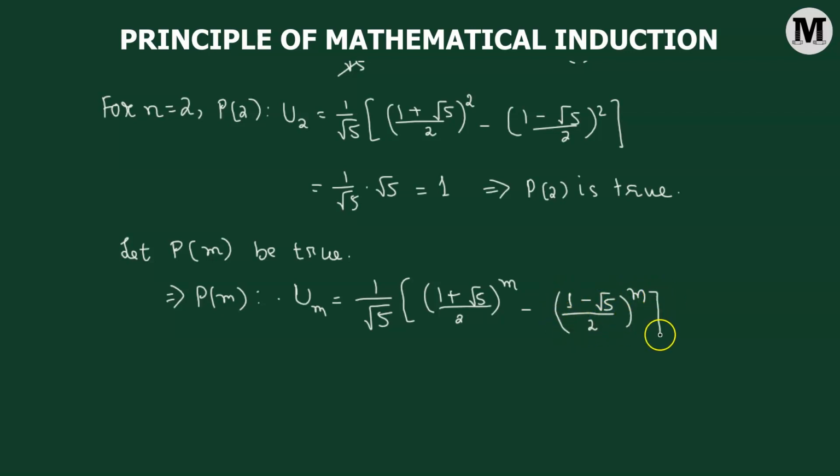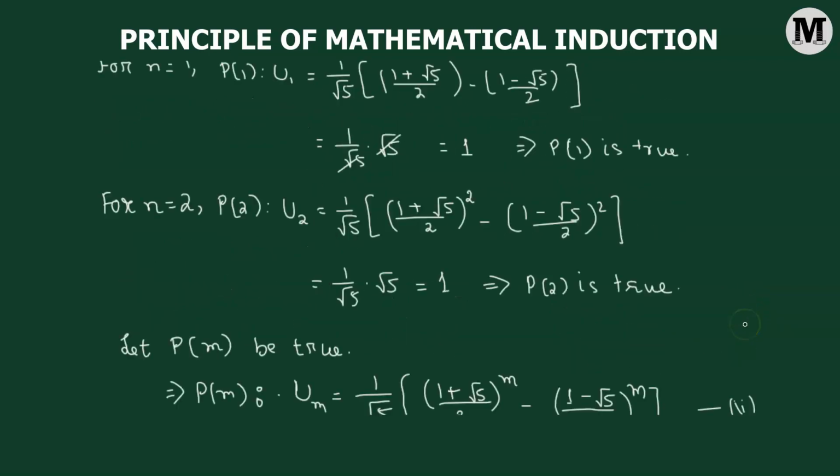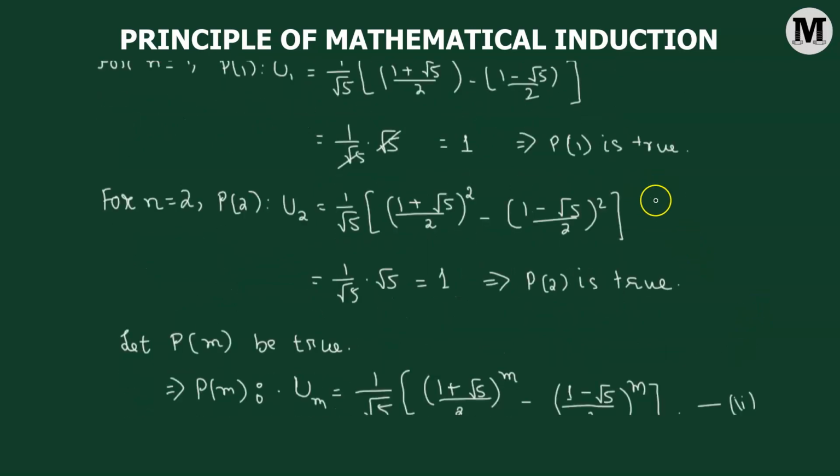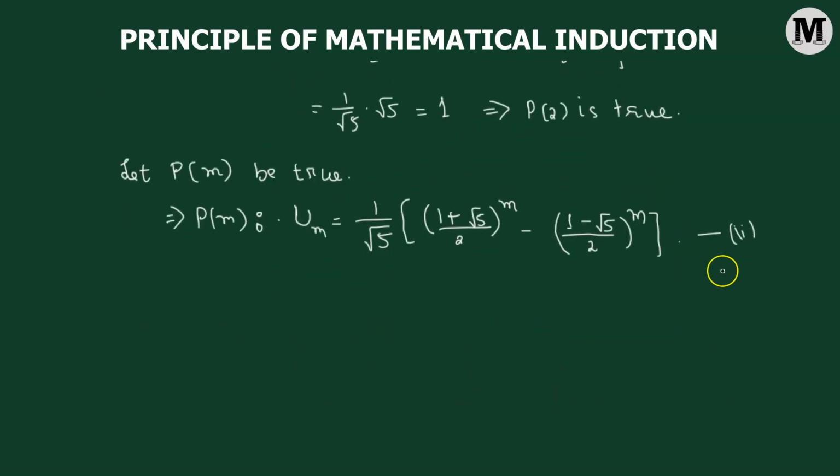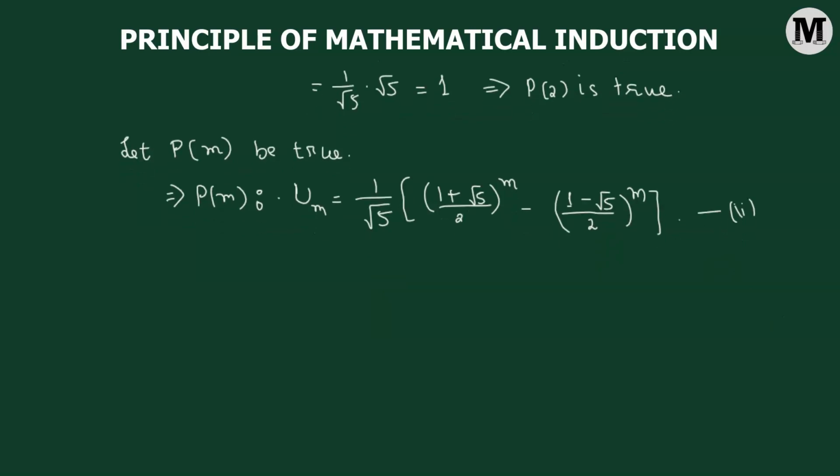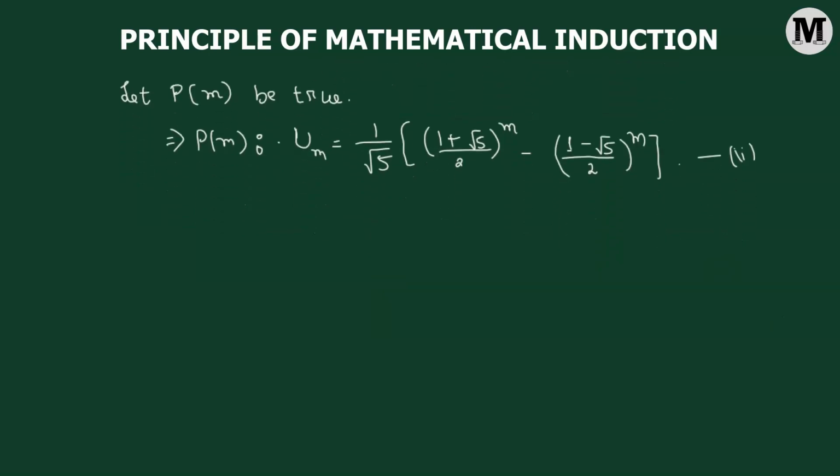This is going to be our statement P of m, and we are assuming this is a true statement. Let's name this as statement number 2. P of n is our original statement, and we have now considered P of m to be true.